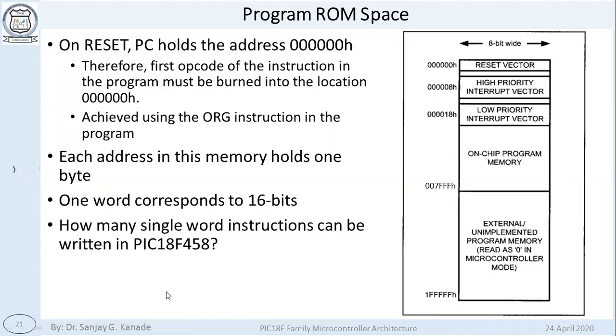How many single word instructions can be written in PIC18F458? You can unmute yourself and answer my question. Can you hear the question? You can see it here, right? The question is, how many single word instructions can be written in PIC18F458? Single word means 16-bit instructions.